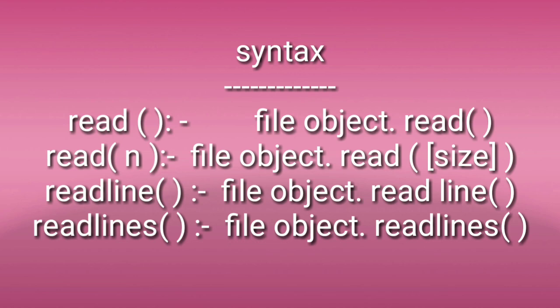Its syntax is file object dot readline, for example f.readline(). Then readlines reads all lines from the file into a list. For this you can use file object dot readlines, for example f.readlines(). These are the syntaxes.